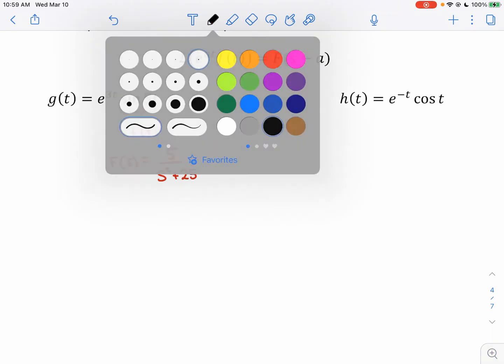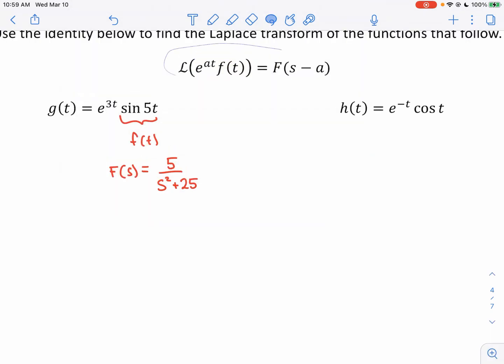And therefore, according to this identity right here, if we want to find the Laplace transform of g, so G of s, where little g of t is an exponential e to the 3t times another function f, we just have to do the Laplace transform of f, find out what capital F is, but then evaluate it at s minus a, where a is the coefficient of the t.